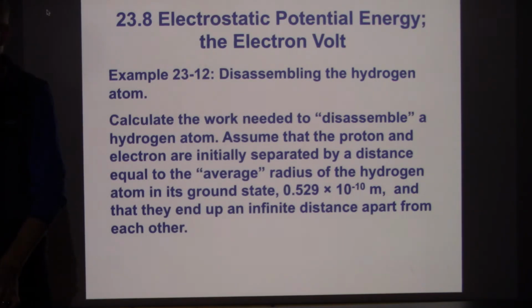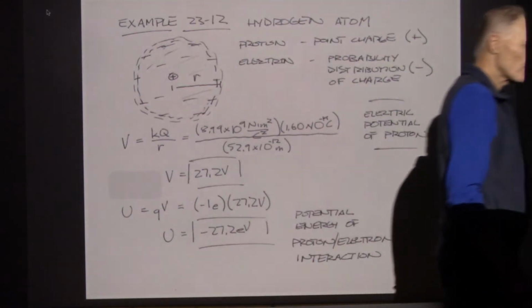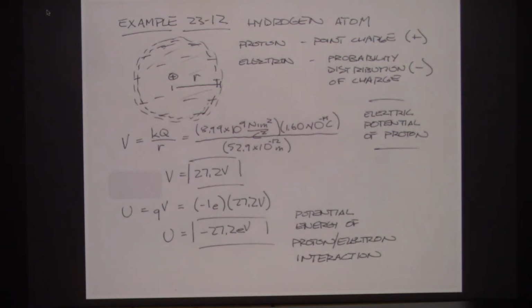All right, let's use this same idea and think a little bit about the hydrogen atom. Now, in the hydrogen atom, I think we've talked about this before, the proton, to a very good approximation, can be thought of as a point charge. That's not an issue.